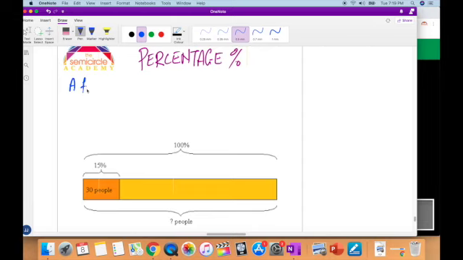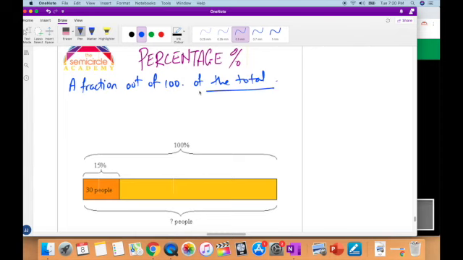A number over 100. A fraction out of 100. Yes, you're correct. Right? So let me just say I have a fraction out of 100 of the total.